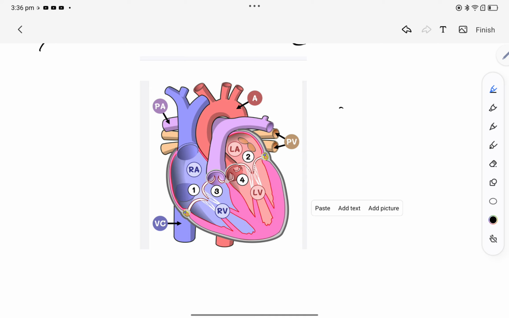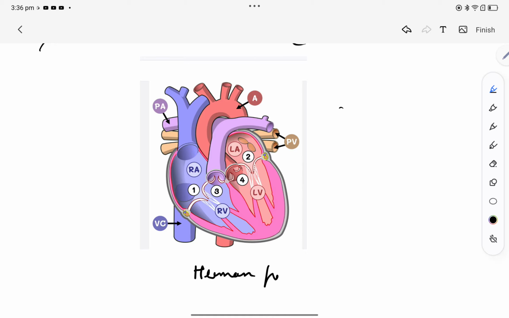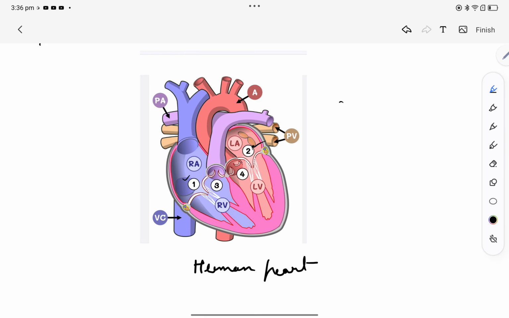Okay, now we are going to study the structure of the heart via this diagram. Okay, so this is the internal structure of the human heart. Fine. So here we can see four chambers. 1, 2, 3, 4.